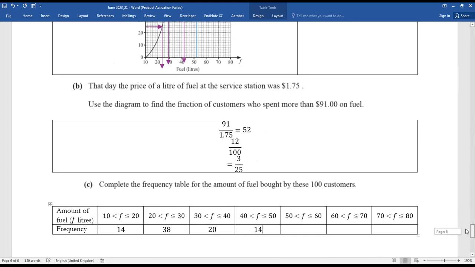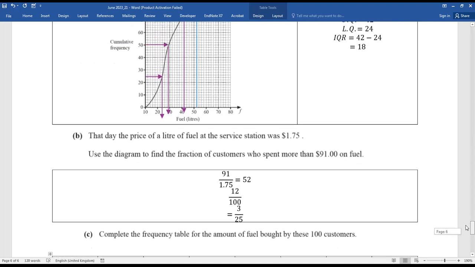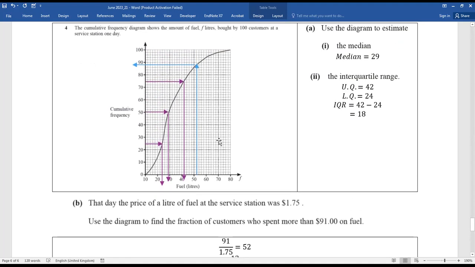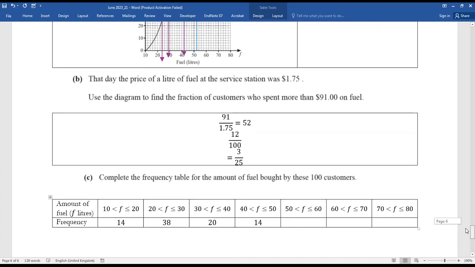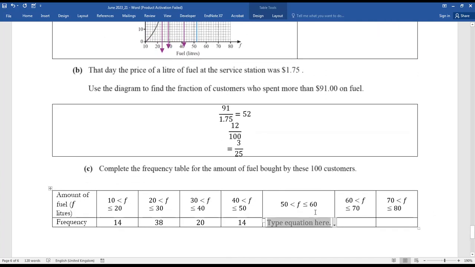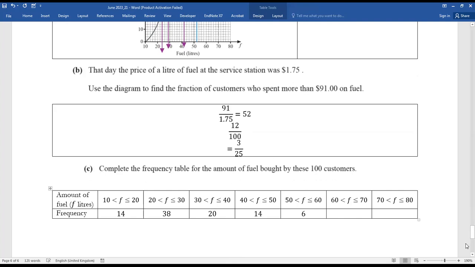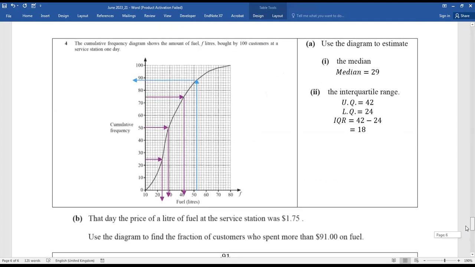And then we need to go for 50 to 60. So let's read what we have on 60 here. There are 92. 92 minus 86, there were 6 people who spent between 50 to 60. And between 60 to 70, let's read on 70. We have 98. 98 and 60 was on 92.